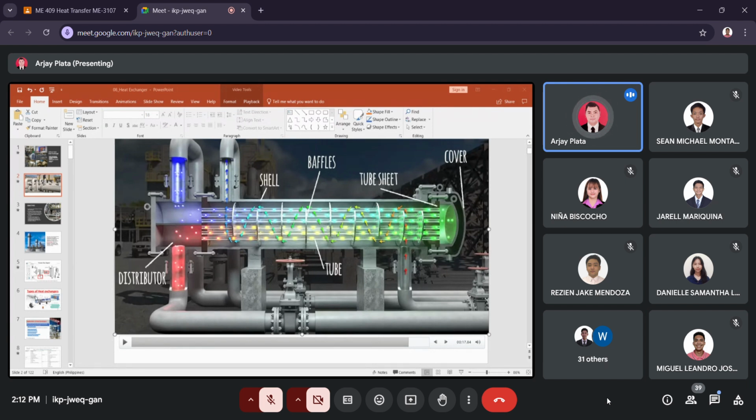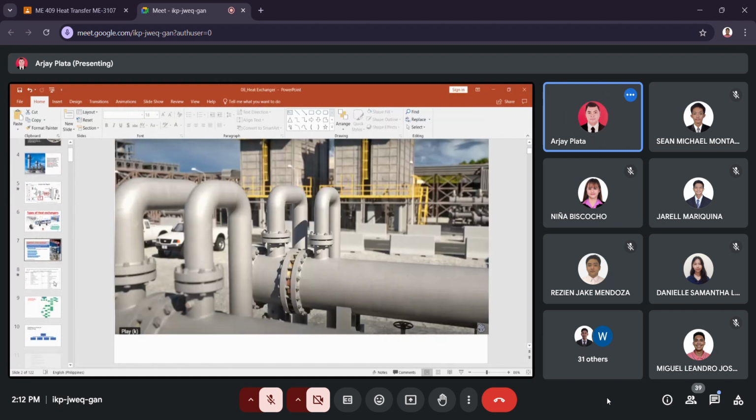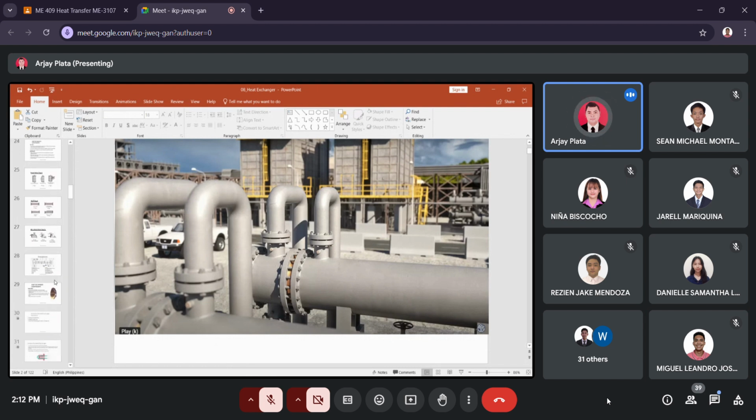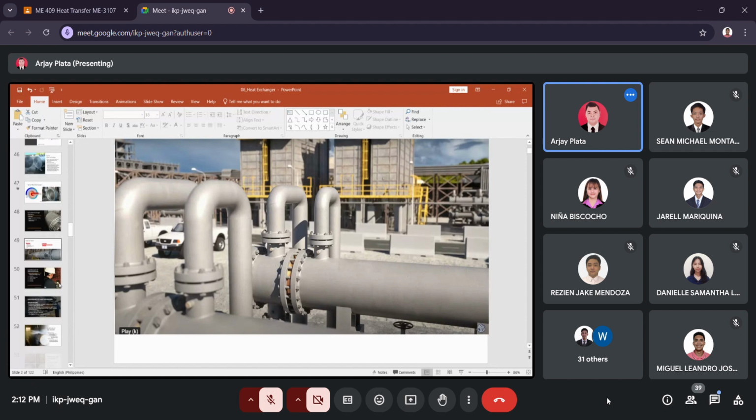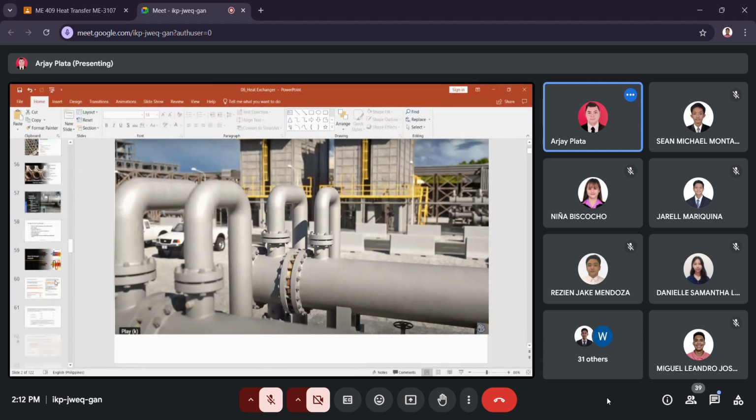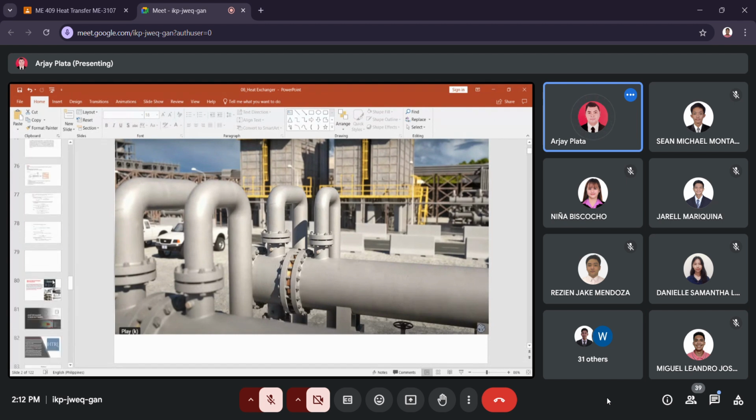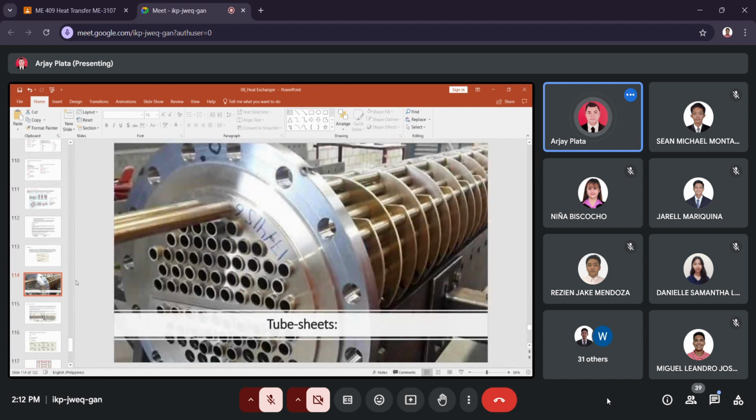So I think I have a photo here of the tube sheet. Let me show it to you. There you go. So this is the tube sheet. It's the one that holds the tube.